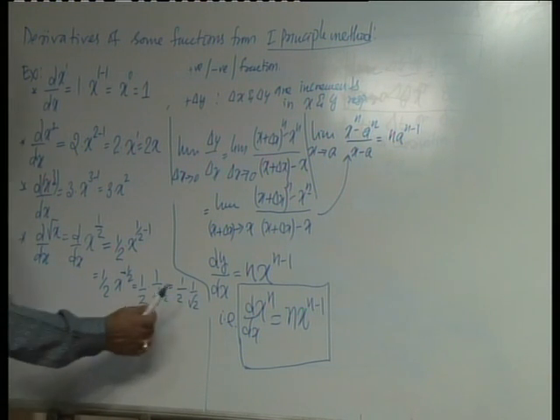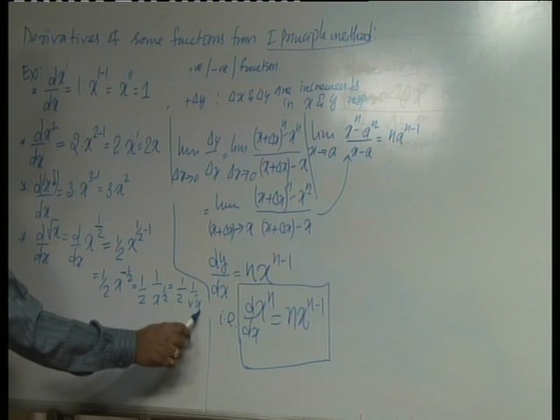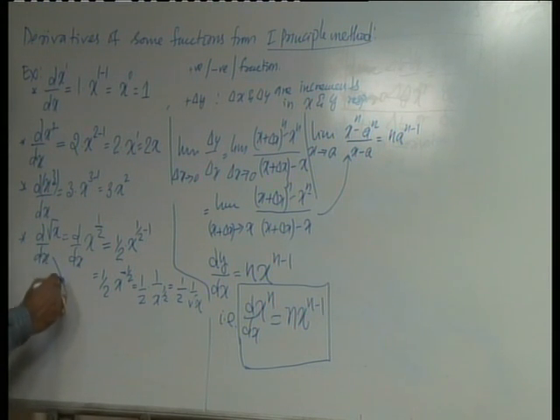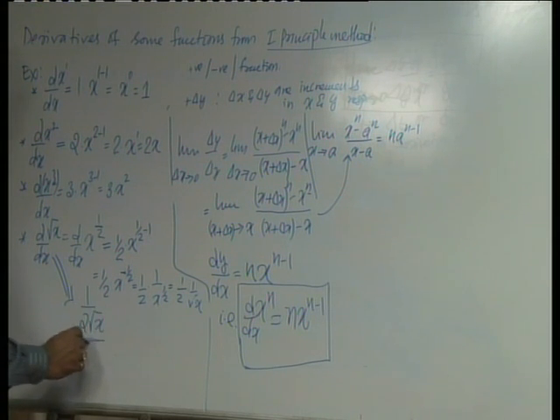You remember, differentiation of root x is always 1 divided by 2 root x. You directly remember it. Differentiation of root x is always 1 by 2 root x, right.